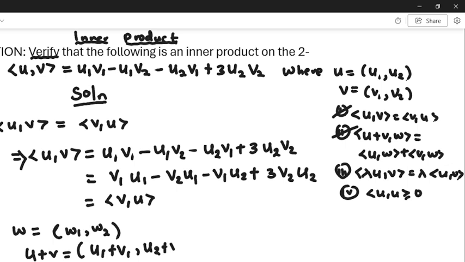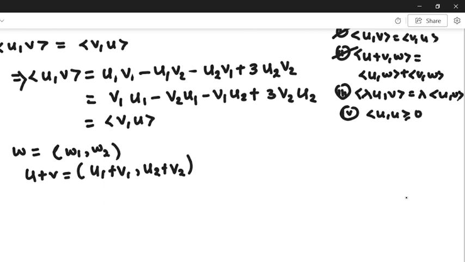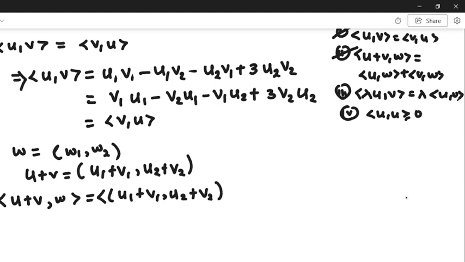Now we want to put the 3 together. So you're going to have u plus v, w, which is (u1 plus v1, u2 plus v2) and then (w1, w2).